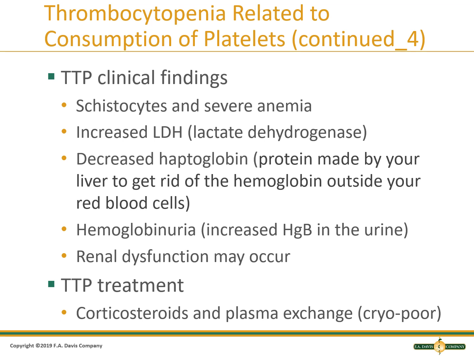Decreased haptoglobin. Haptoglobin is the protein made by our liver to get rid of the hemoglobin outside of your red blood cells. Hemoglobinuria, which means there's an increase in hemoglobin in your urine, and also renal dysfunction may also occur.